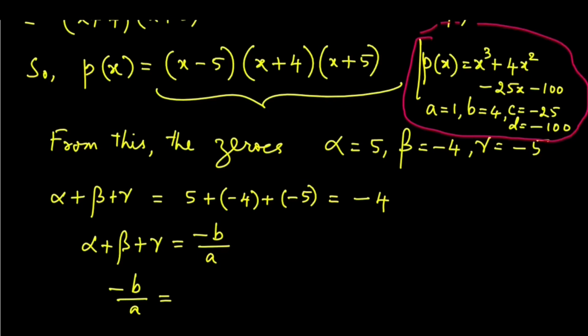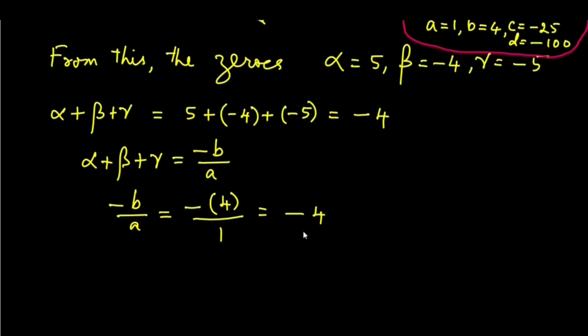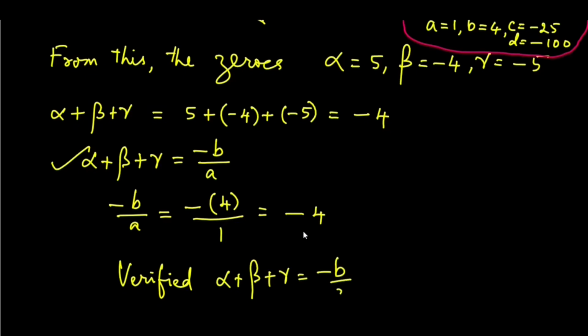Now minus b by a is minus of b, which is 4, by a, which is 1. This is equal to minus 4. So we verified alpha plus beta plus gamma is equal to minus b by a.